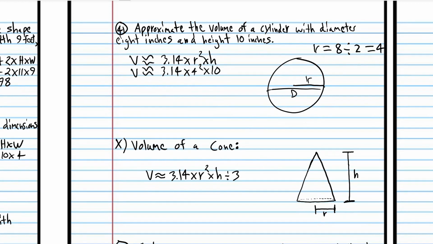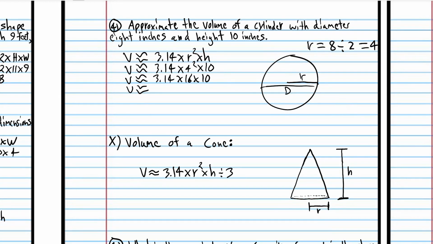All right, so now we just follow order of operations again. 4 to the second power is 16. And 3.14 times 16, let's do that over here.